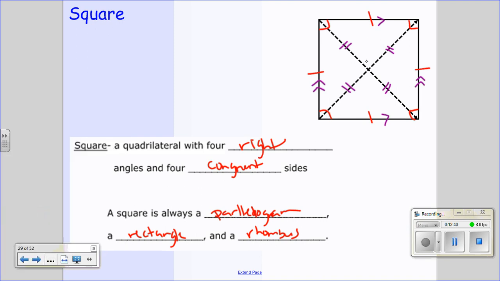They get that from the rhombus. Also, the diagonals bisect. So all of these right angles become itty bitty 45-degree angles.